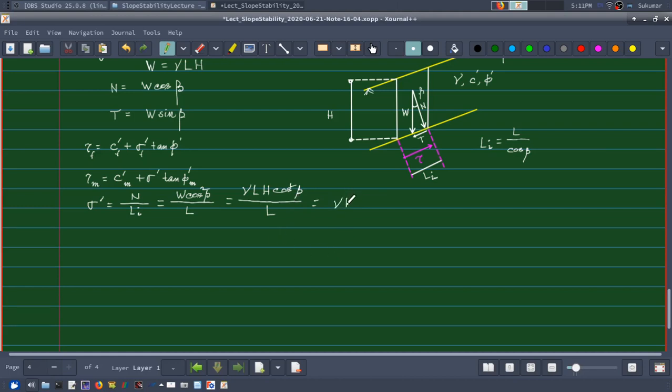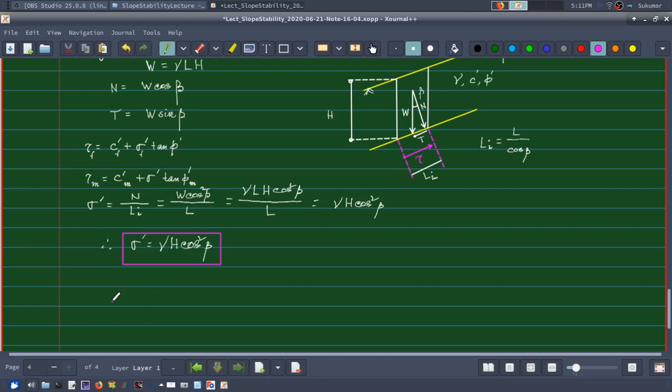So I get this equation: sigma dash is gamma H cos square beta. Let me note down this equation.